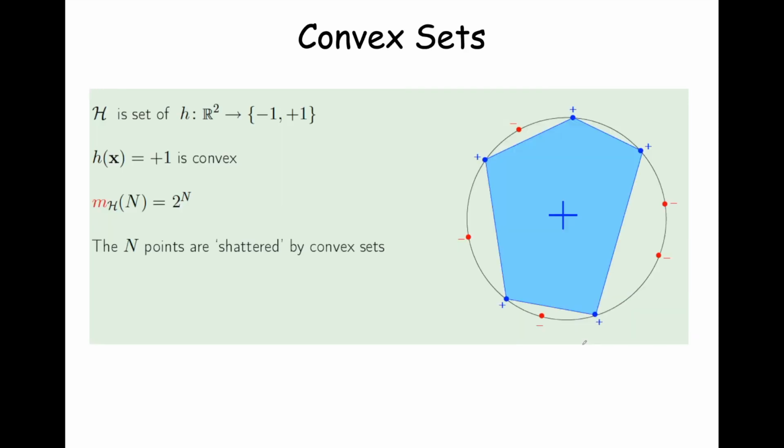Okay, so let's consider a more expressive hypothesis set. And this hypothesis set is the set of convex sets, and it's defined in two-dimensional feature space. And again, we set no restriction on the probability distribution that gives you the feature vector instantiation.